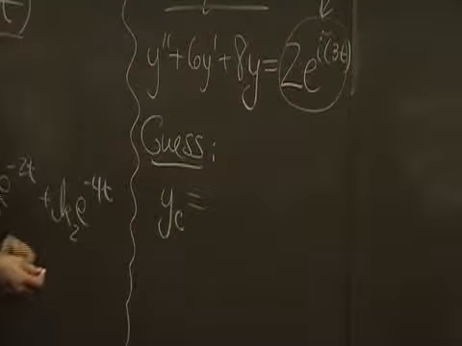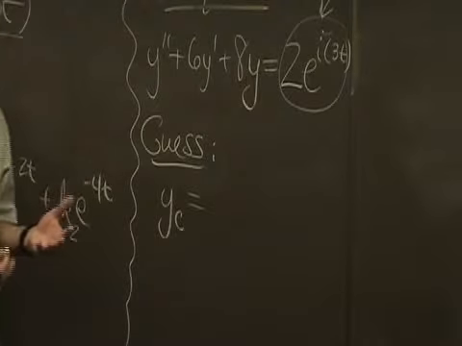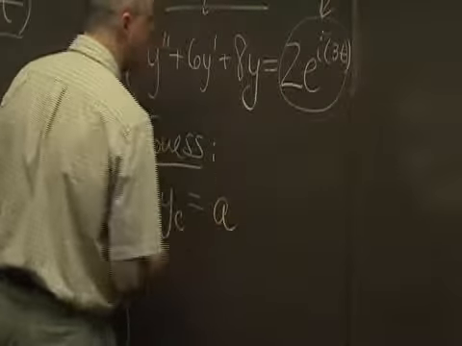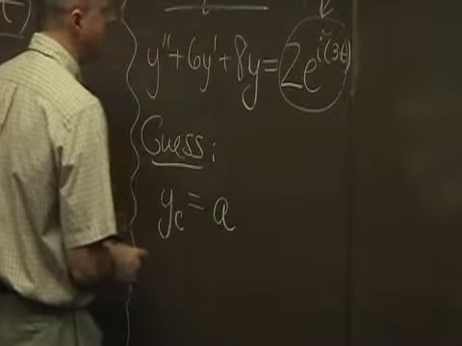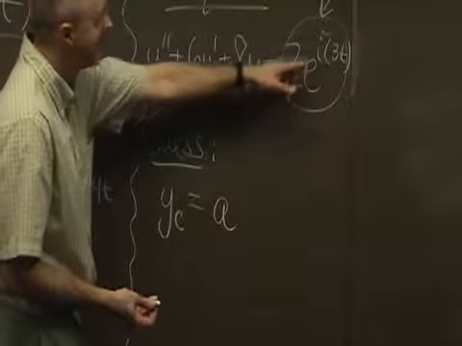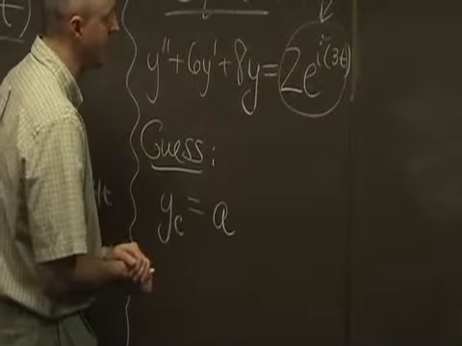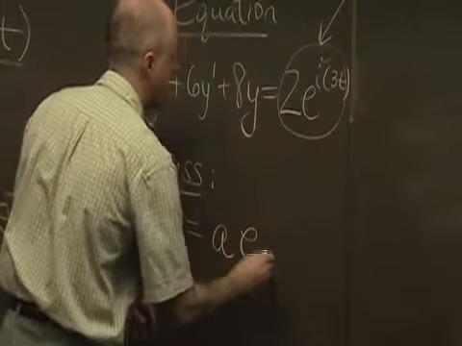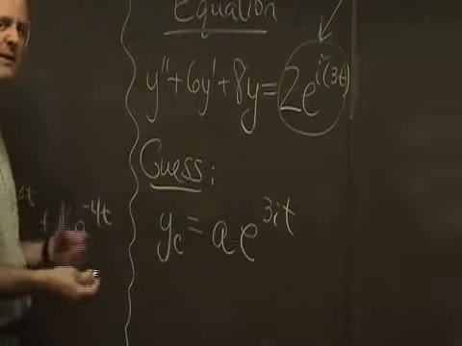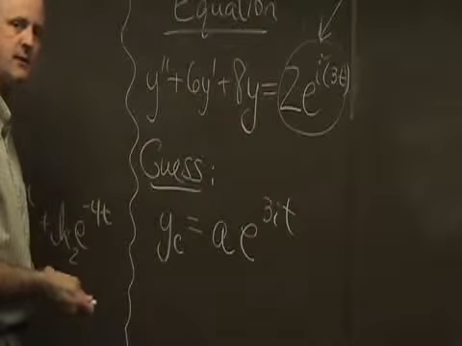One nice thing here is we only have one undetermined coefficient, though it will end up being a complex number. We'll call it a. What should I guess? Well, this is an exponential right-hand side. Guess an exponential involving e to the i times 3t, or I'll just write that as e to the 3it. But you can think of it as i times the quantity 3t if you like.